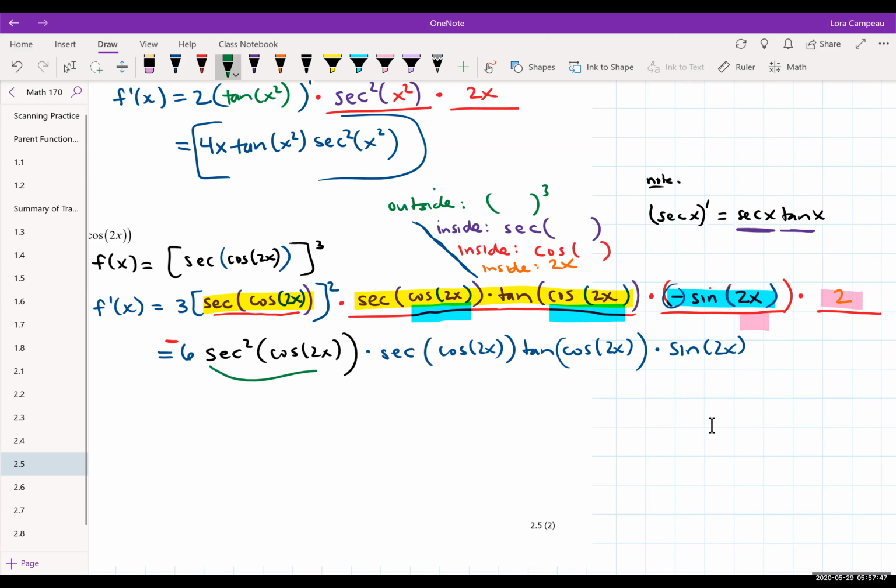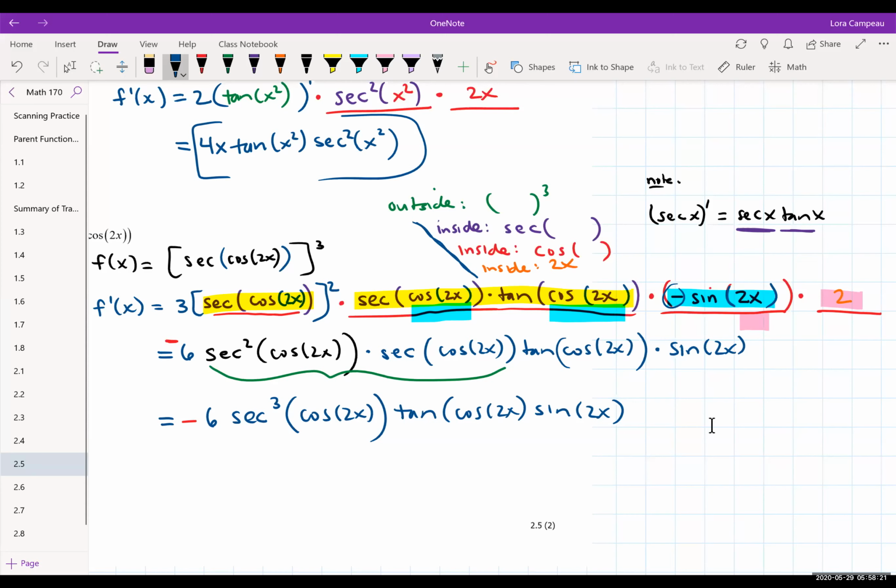So using exponent laws, whenever you multiply with the same base, you keep the base and add the exponents. We should now get negative 6, and then it's probably better to rewrite it as secant cubed of cosine of 2x, still multiplied by tangent of cosine of 2x, and still multiplied by sine of 2x.